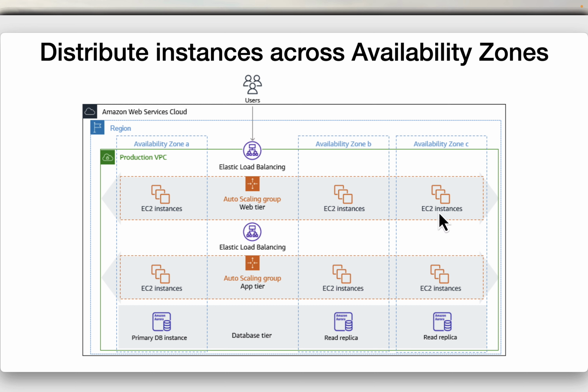One will launch here, one here, one here, and if there is more, it will launch in the same order and distribute your load. So even if one whole AZ goes down, it will spawn new ones in the other AZs if required. So better fault tolerance and higher availability is offered to your end customers.